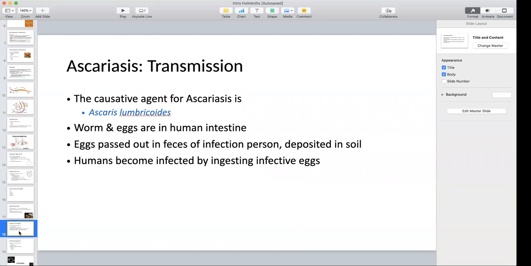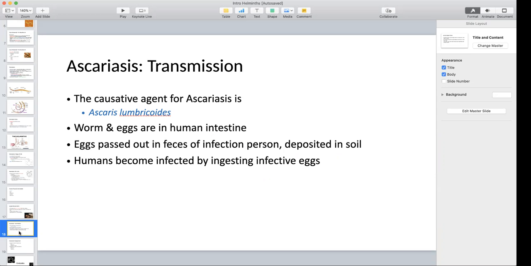The causative agent for this disease, Ascariasis, is the helminth or roundworm named Ascaris lumbricoides. All right. You can find both developed, matured worms in the human intestine. You can also find eggs present. Eggs are passed out in the feces of an infected person.